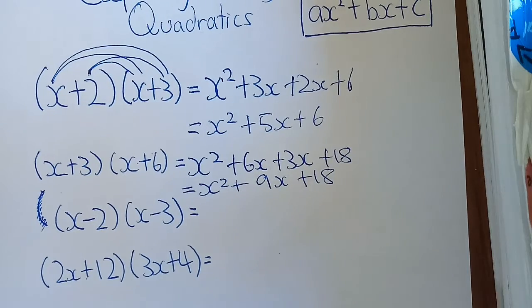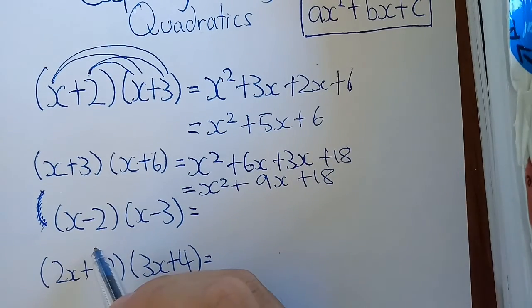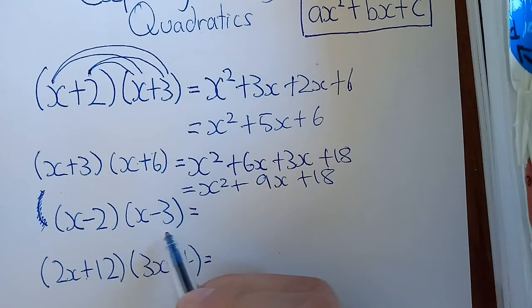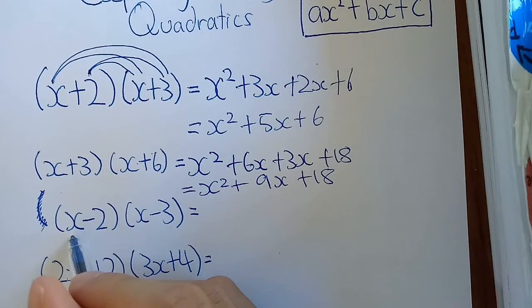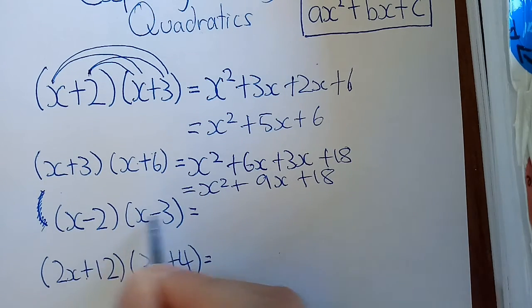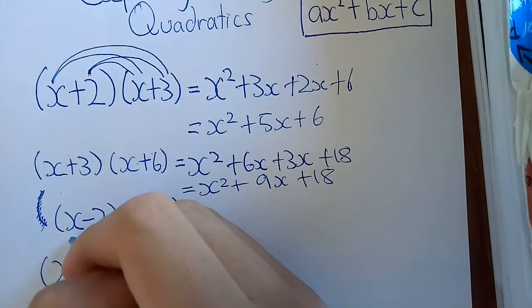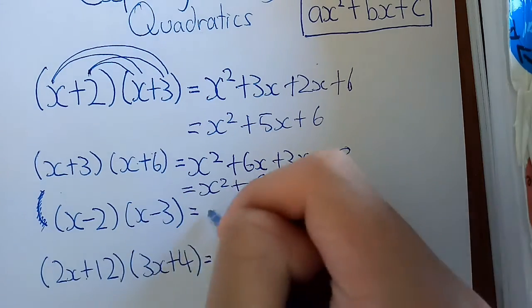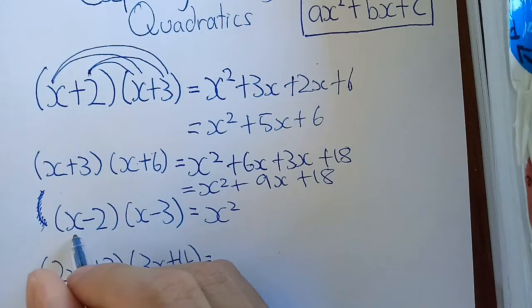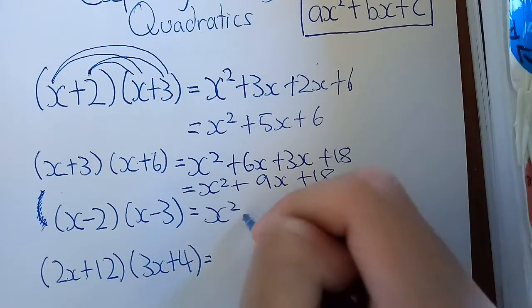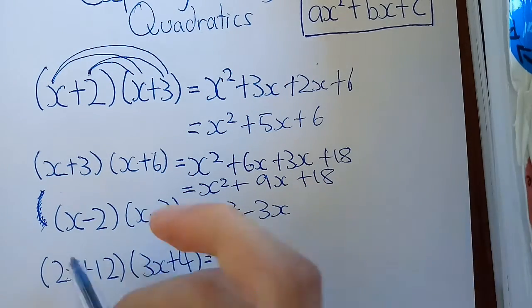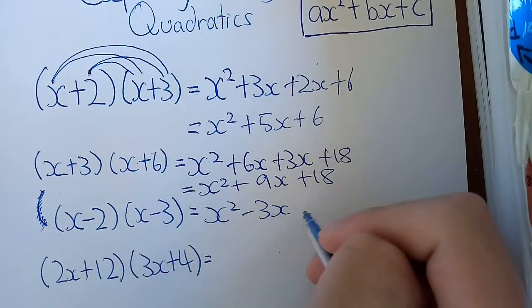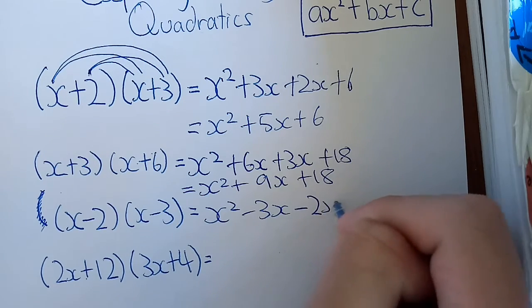So moving on to the last two, for expanding, we have x minus 2 here and x minus 3. Same rule applies. First value in the first bracket multiplied by each value in the second, and same with the second value. So x multiplied by x, once again, is x squared. X multiplied by negative 3, this time will be negative 3x. Negative 2 multiplied by x is negative 2x.